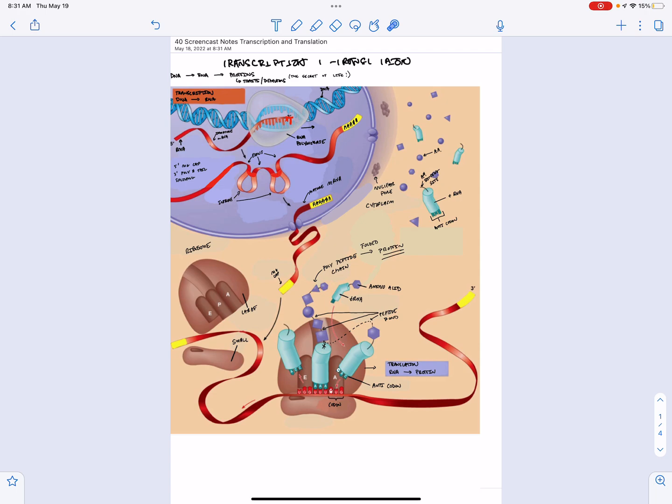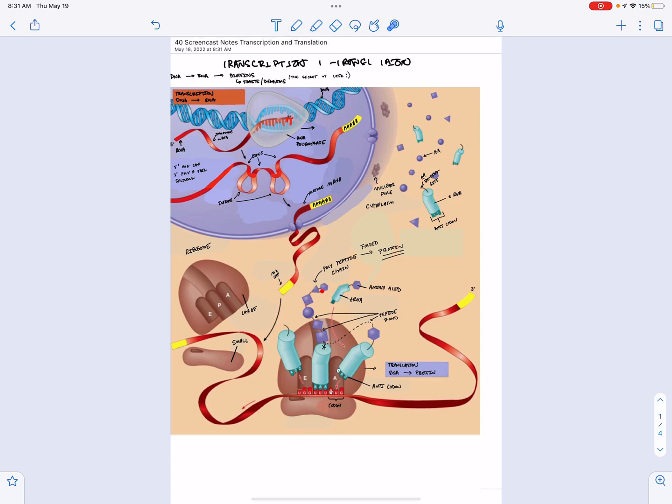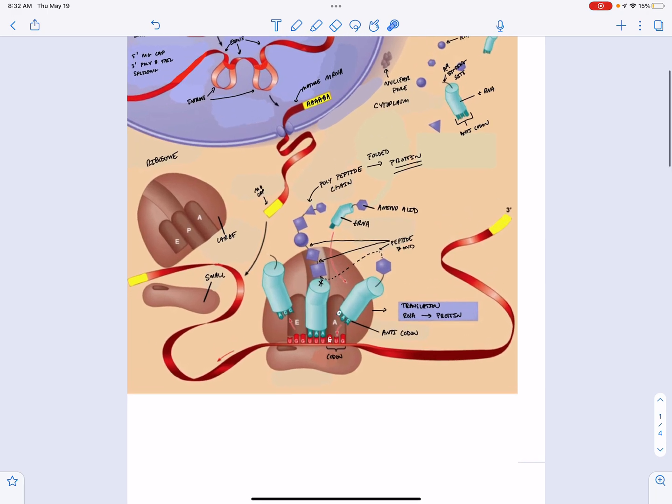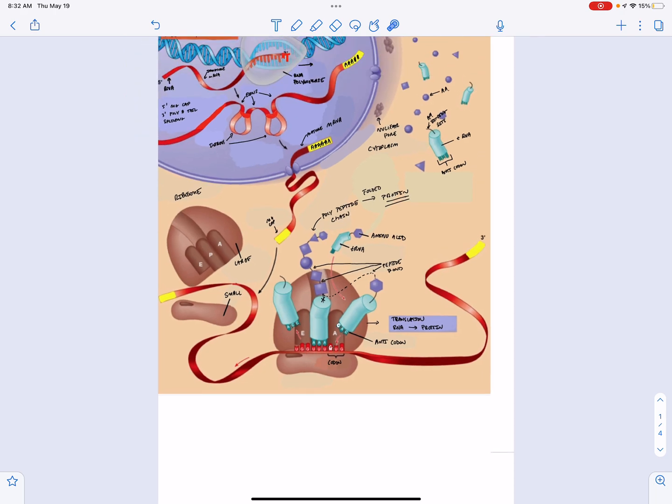I also want you to know that this code is universal. So a fragment of DNA that's in a bacteria could be put in a human cell, or vice versa. A human gene could be put into a bacteria, and then a human protein can be produced by that bacteria, by the bacterial ribosome machinery, and then it can be harvested and used because the genetic code is universal across all living things, which is pretty amazing.